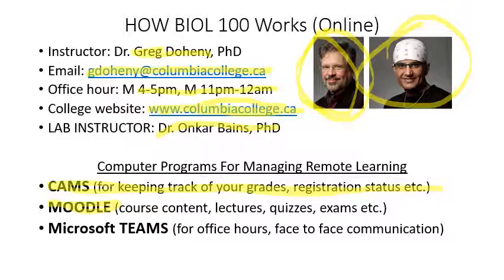And so what you're going to do is you go to the Columbia College website, and instead of logging into the CAMS website, you log into the Moodle window instead, and it will take you to a list of all of your courses. All of your courses are in Moodle. Then you simply click on Biology 100 and you're into the Moodle page for this course.